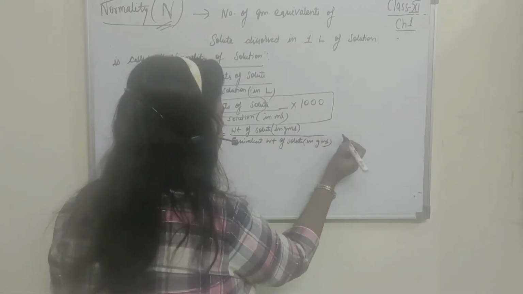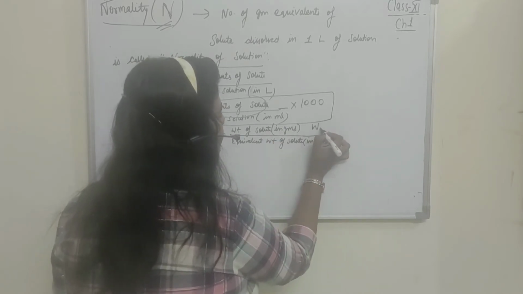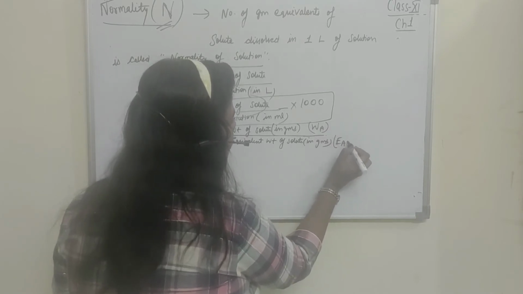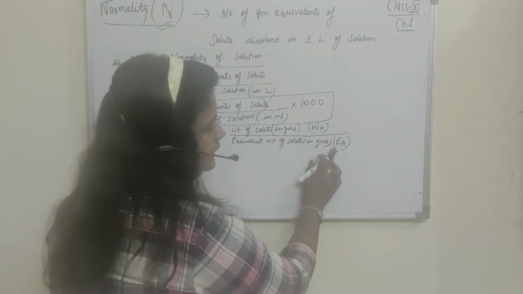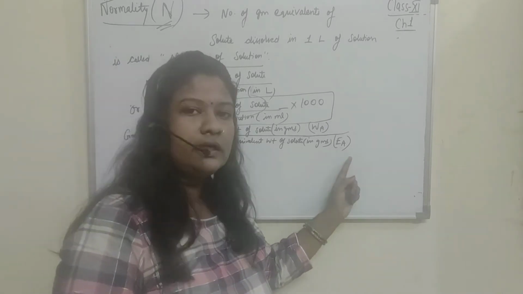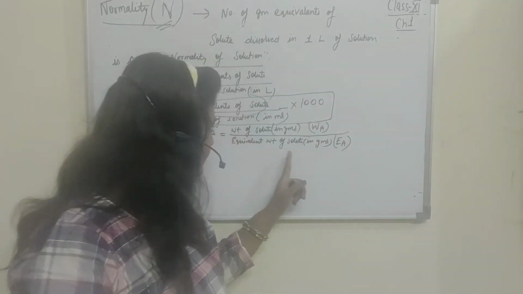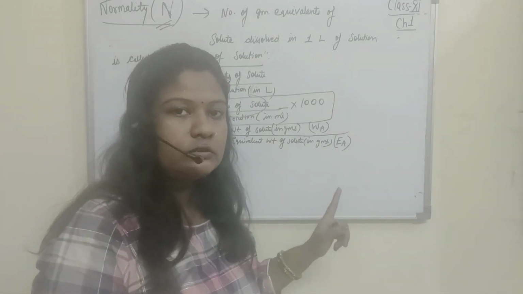The weight is represented by WA and the equivalent weight by capital EA. E means equivalent of A. In place of capital MA, I am using capital EA. It represents the equivalent mass or weight of solute in place of molar mass.